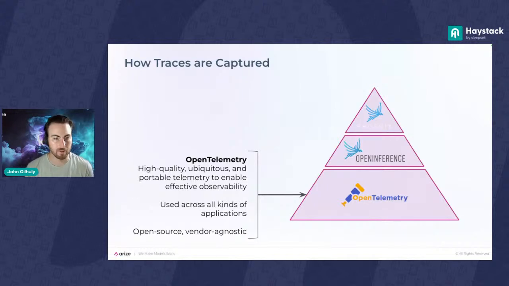We could go a lot deeper into the background of observability generally and tracing and the origins of it all. But just to give you an idea, a lot of what we do is built on a framework called OpenTelemetry, which is a long-standing, 7-8 year old open source project that does telemetry and observability for lots of different kinds of software.